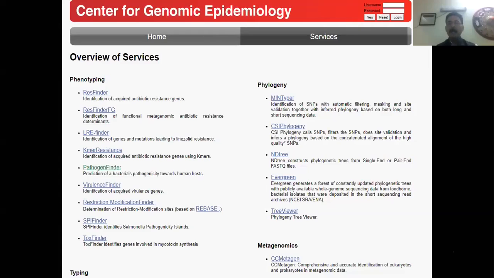They will identify how many different types of plasmids are there in the organism and how many of these plasmids can be correlated to virulence or antibiotic resistance, and what are the antibiotic resistant genes present in the organism, what is their pathotype, whether they are pathogenic or not. All information pertaining to the particular organism will be given to you from one single analysis.